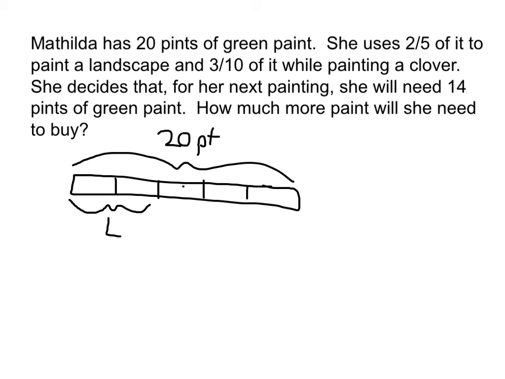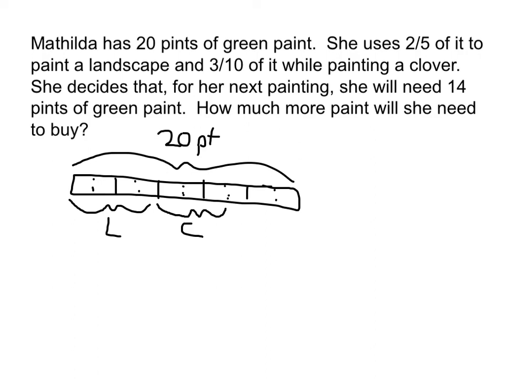A tenth is half of a fifth, so 1, 2, 3 tenths for the clover, the monster green clover. And then if I want to know what she would have left over, I would just need to find 1, 2, 3 tenths of 20. I could do it in one shot.